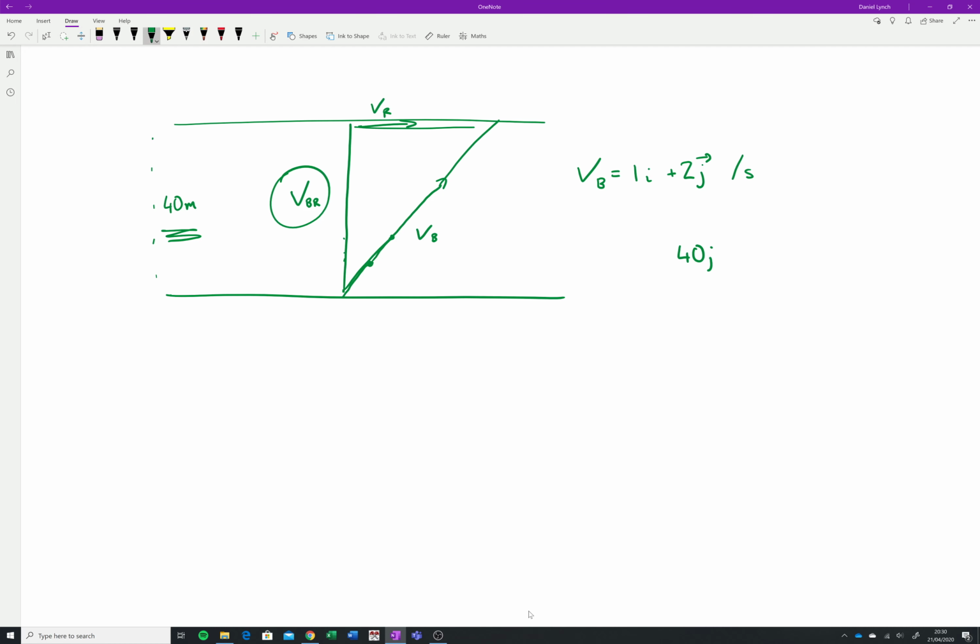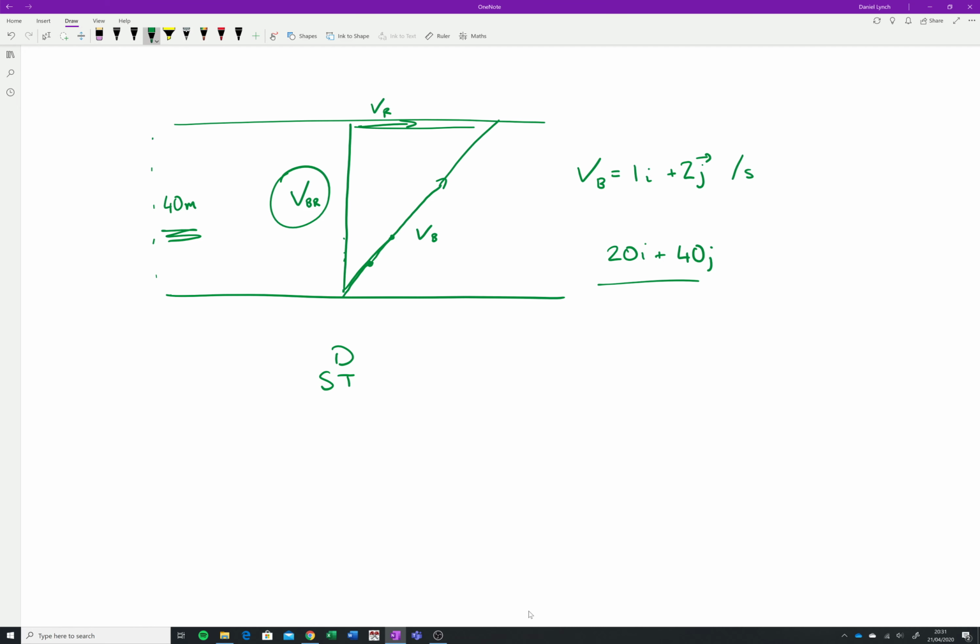And also, of course, it's being swept across 1 for every single second. So if it takes 20 seconds, it's going to be swept across by 20, which actually answers both things. This is what it will be when it has crossed. So let's do it by our little triangle.